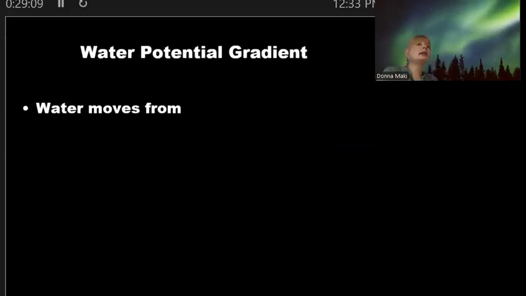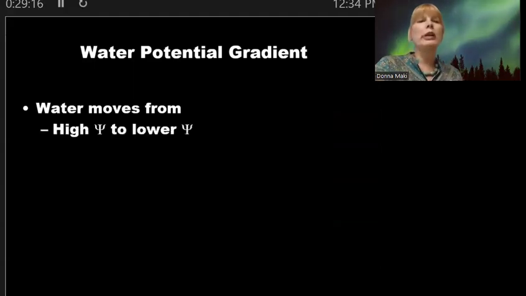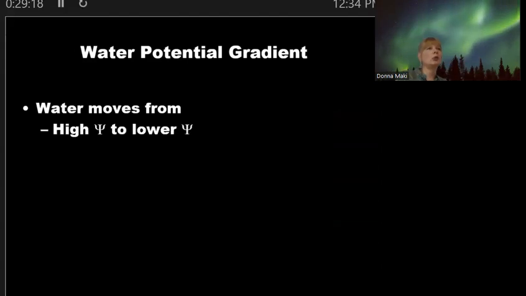So if we phrase it with that idea in mind, what we would say is that water is moving from a high water potential to a lower water potential, so down a gradient. And that's valid to say.